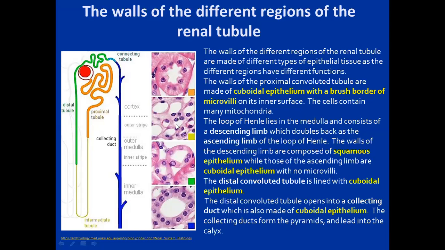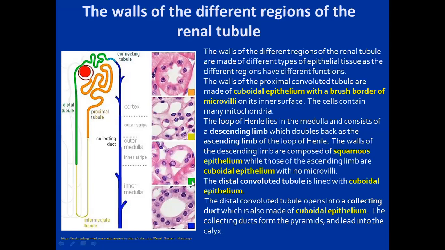Loop of Henle is squamous epithelium. But as the loop of Henle goes back up, it becomes increasingly more cuboidal. So over here it would be cuboidal. Okay, so this yellow part, see, key, squamous epithelium would be this part of the loop of Henle.